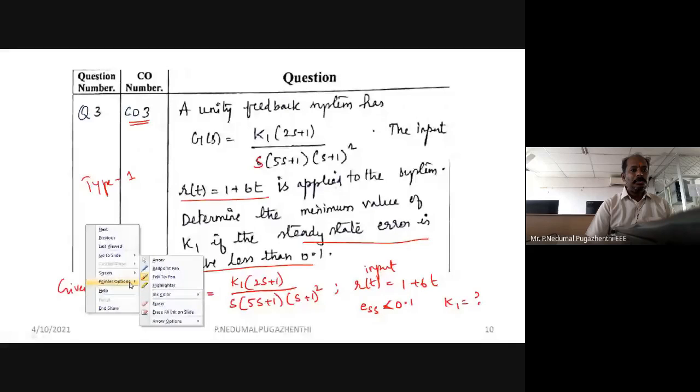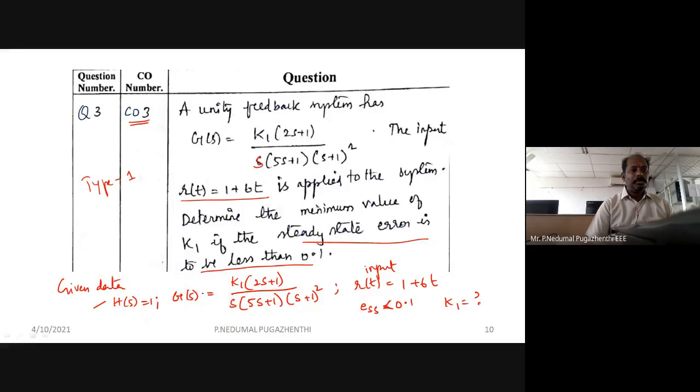Any doubts whether you understand what is the problem provided? Have you understood? Yes or no? At least if you want me to repeat the statement, I can repeat. That's not an issue at all. So kindly tell me whether the problem is clear to you.